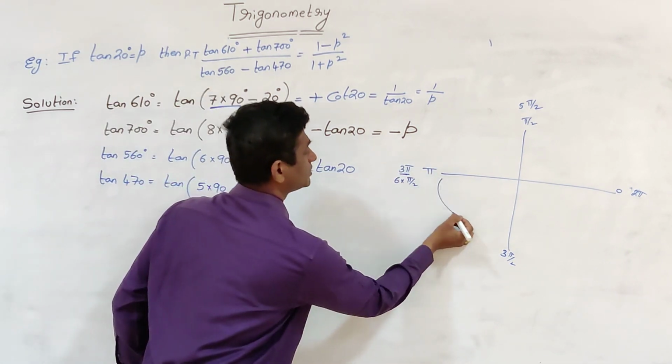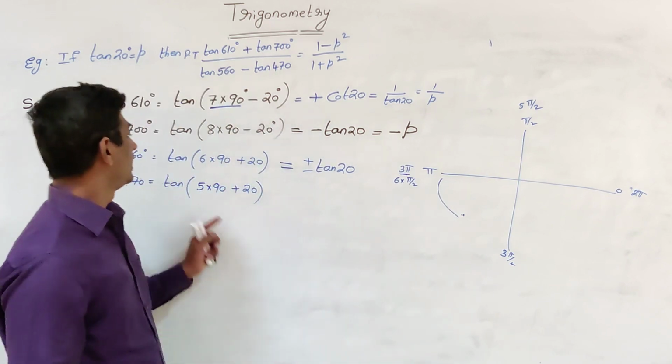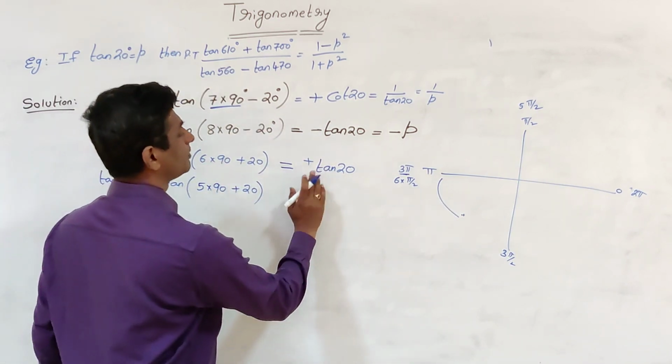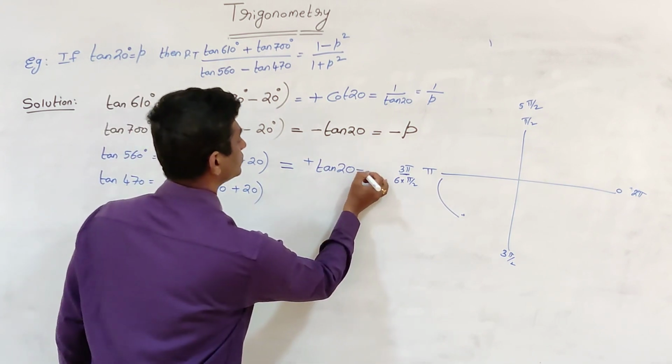So 3 pi plus 20 lies in the third quadrant. In the third quadrant, tan will have a positive sign. So it will be plus tan 20, which gives plus p.